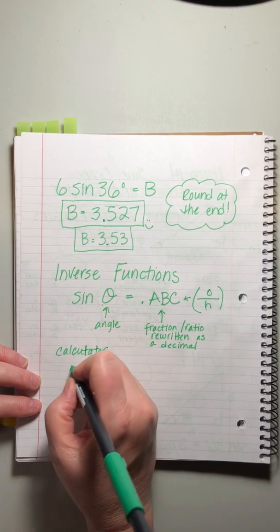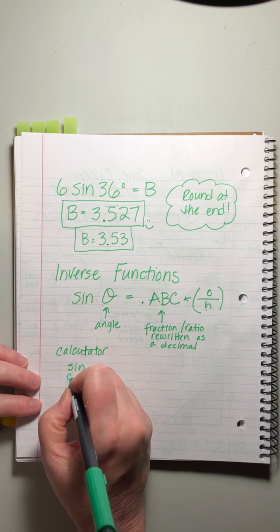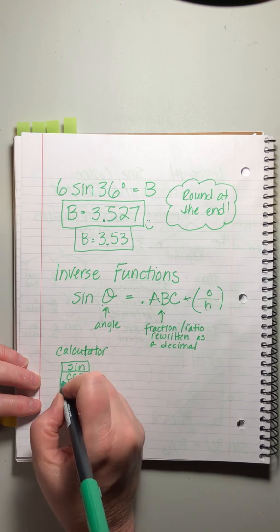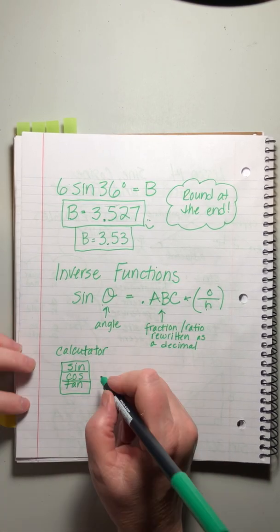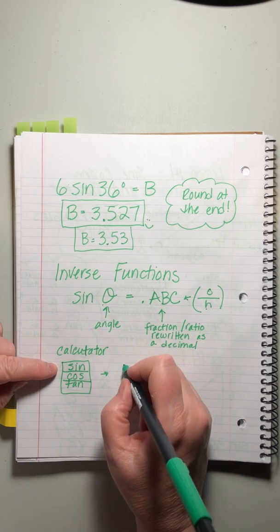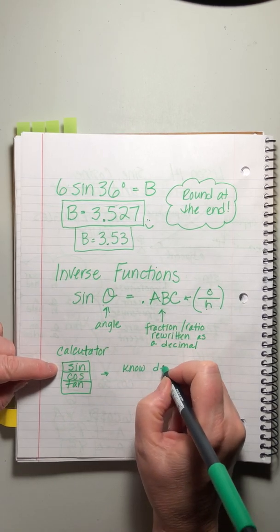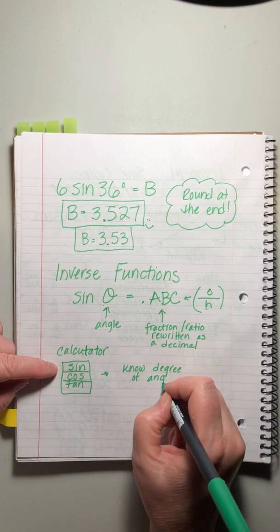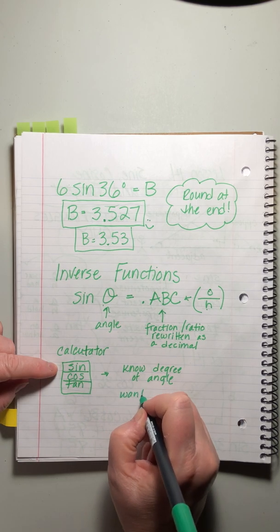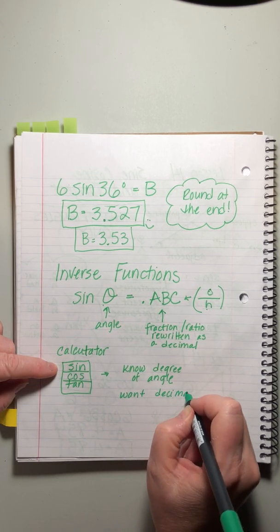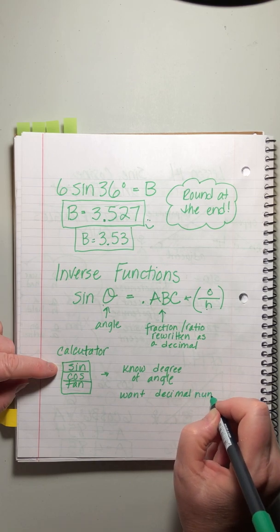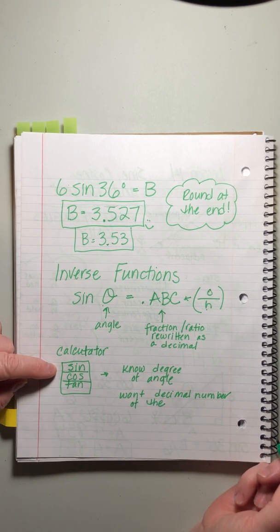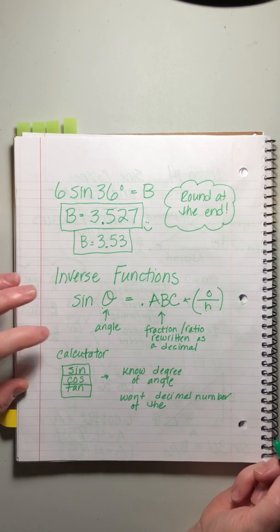Normally, on our calculator, there's one set of buttons that says sine and cosine and tangent. They're separate buttons, but they're all right in a row together. Those are the buttons that we use when we know the degree of the angle and we want the decimal number of the ratio.